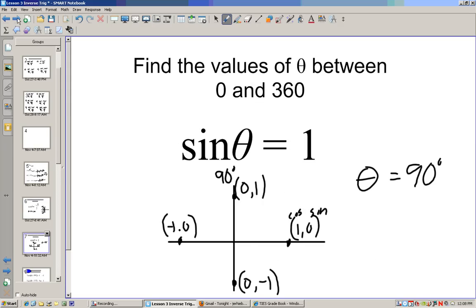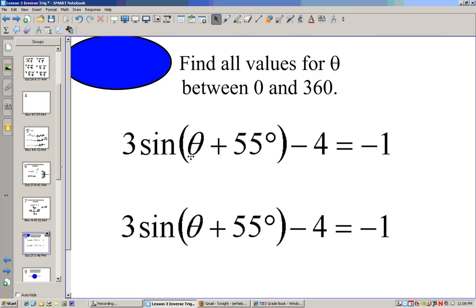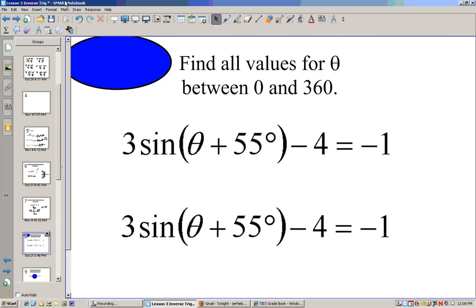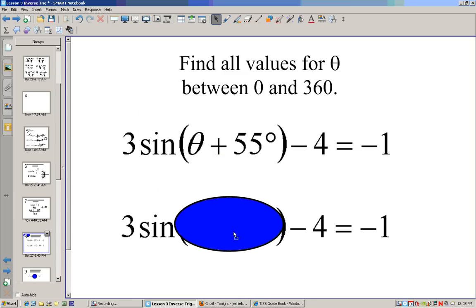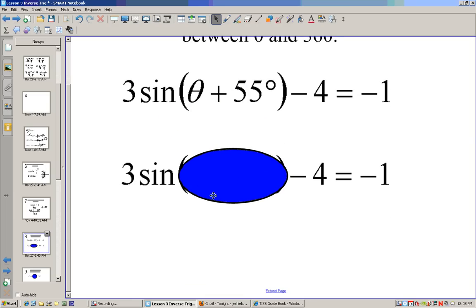Now, if I do a problem like this, say if I have 3 sine of theta plus 55 minus 4 is equal to -1, what I would do is solve this just like we did yesterday, but let's assume that there's nothing here, because we can't deal with this mess until we get rid of the sine.